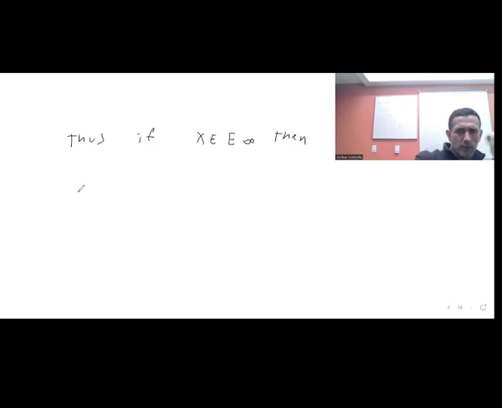So by the definition of limit, there exists n where for k bigger than n, f_k(x) is bigger or equal to a over 2. That implies x is in A_n.